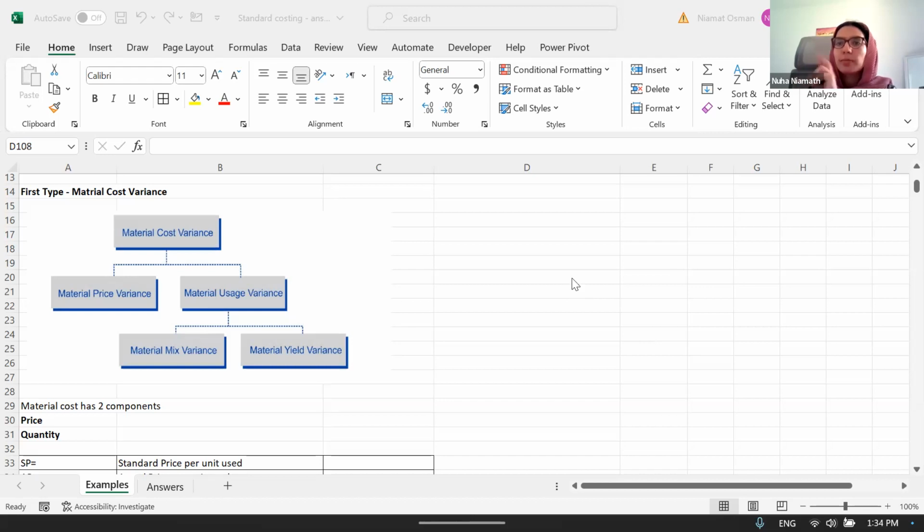What two things when you multiply you get a standard cost? And what two things when you multiply you get an actual cost? SQ into SP. Perfect. Neetu. And what is actual cost? Perfect. That is a standard cost. Perfect, Taslima. And can you also tell me what is it for the actual cost? AQ into AP. Perfect. So I hope this is clear so far, right? What is your material cost variance?